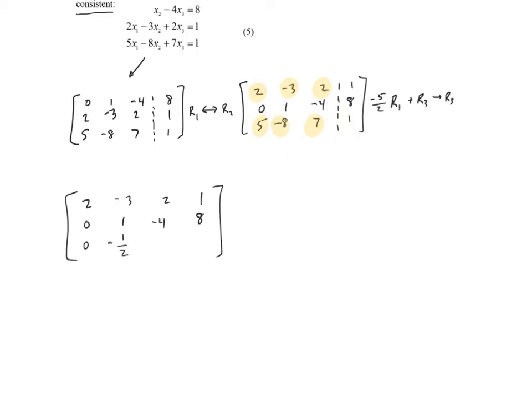Add 7 is 2. Yes, correct. Good. And then the last one, -5 halves times 1 is -5 halves. Add that one is -3 halves, -3/2.